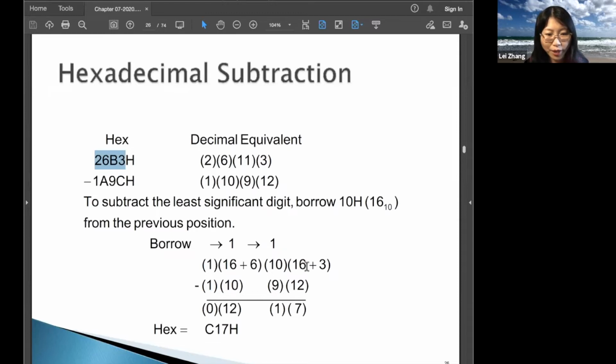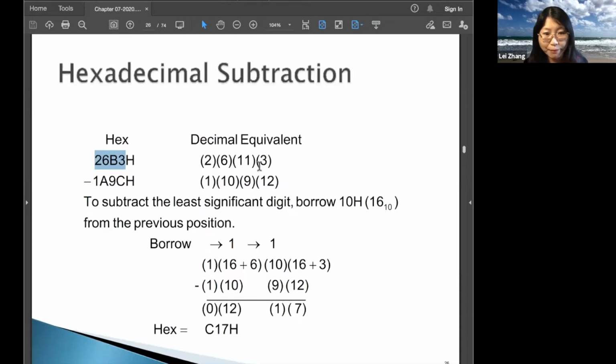When we need to borrow 1 bit, remember we need to subtract that borrow bit from the higher digit, and then add 16 to the lower digit that borrows this bit.